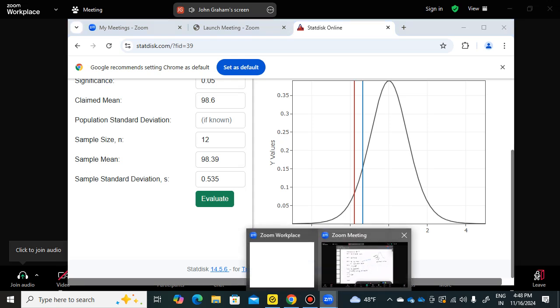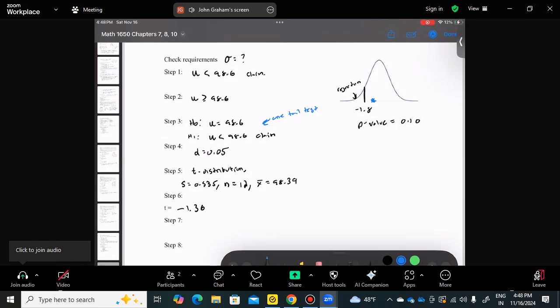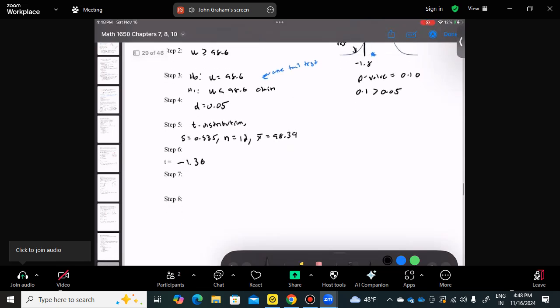Okay. So based on the critical region and the fact that the test statistic is inside the non-rejection region, and the fact that the p-value 0.1 is greater than 0.05, we will fail to reject the null. Right.